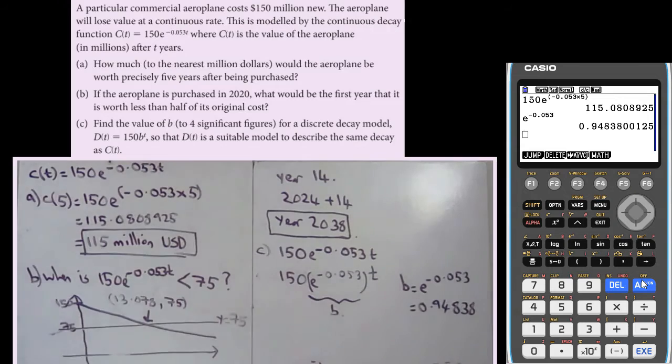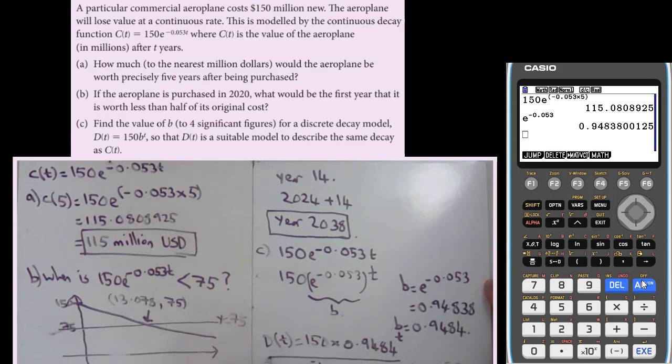We've been asked for 4 significant figures. So the 0 doesn't count, 1, 2, 3, 4. So it must be b equals 0.9484. So the discrete decay model dt must be 150 times 0.9484 to the power t.